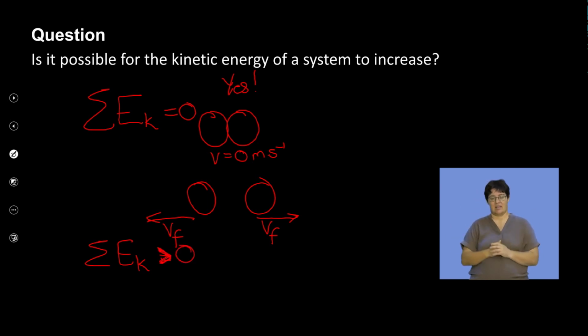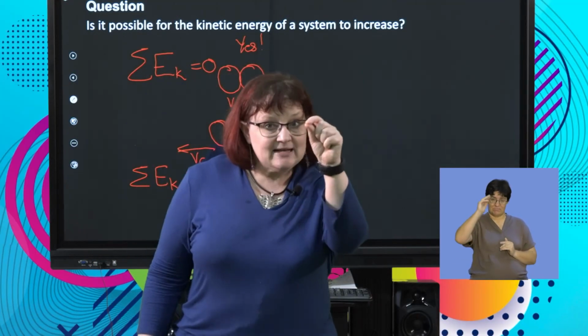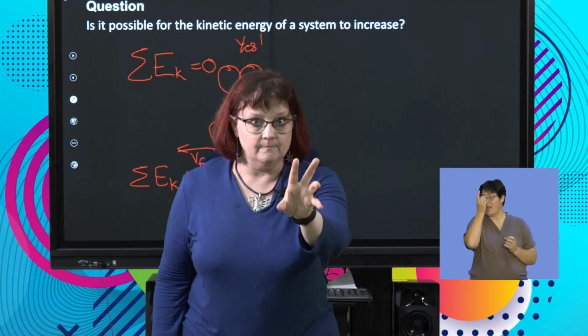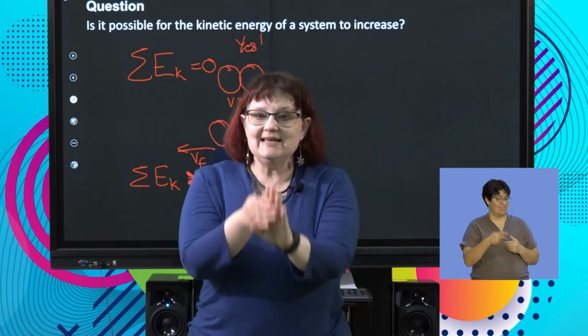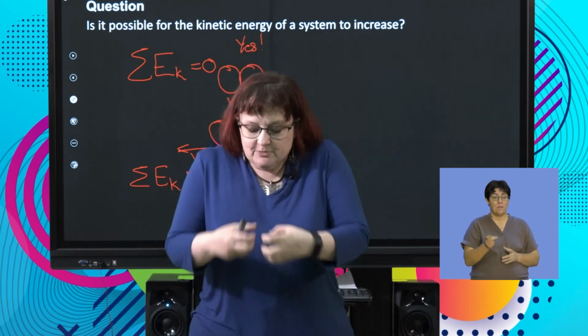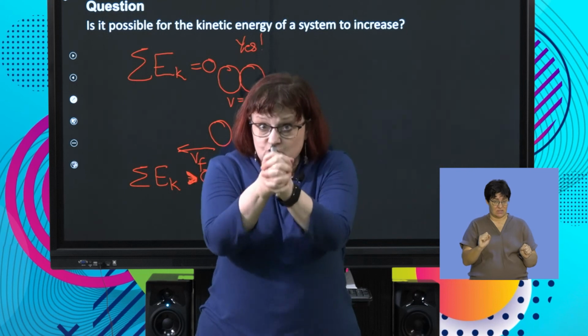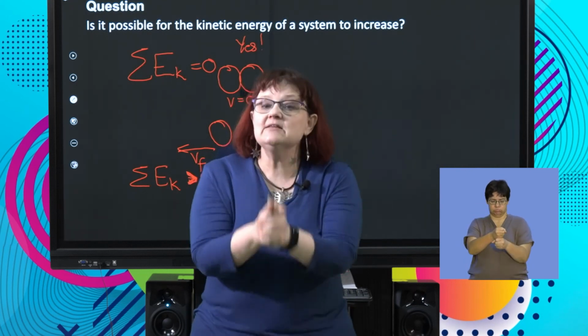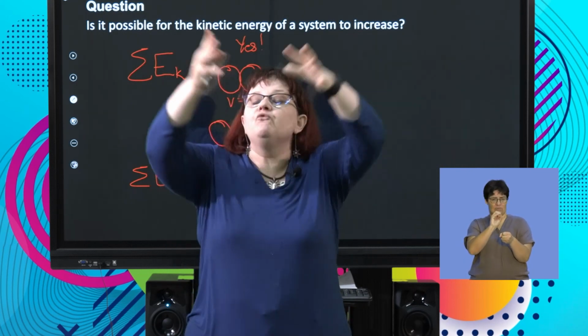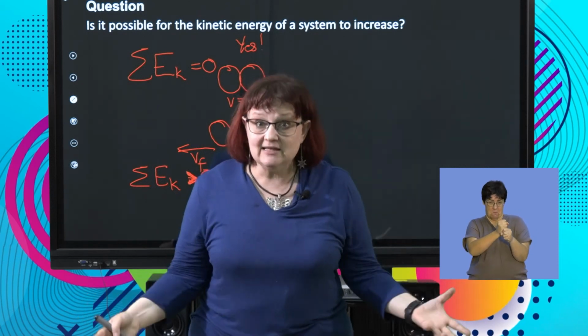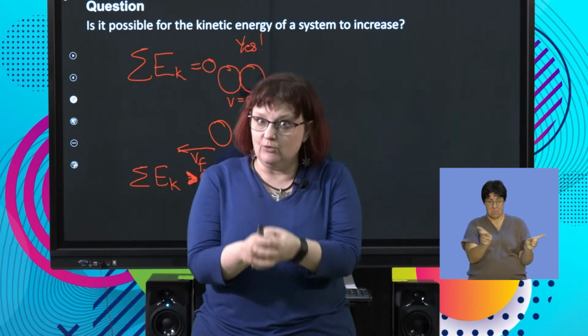It's going to increase. So, what am I telling you here? Please be careful. If it is an explosion, so the two objects start off as one, it is possible for the kinetic energy to increase if they were stationary at the beginning.